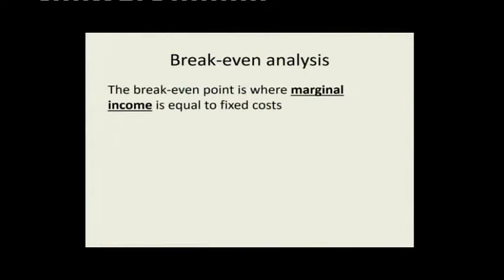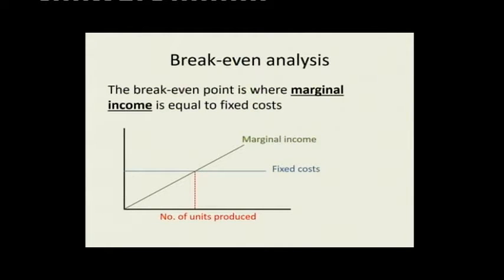Now, what is break even then? Let's look at the slide again. Break even is the point where marginal income is equal to fixed costs. Now, I underline the word marginal income, and we'll explain that in a minute. So, if that is my fixed cost, let's say the blue line, that's my rent. I pay rent irrespective of whether I produce 1 unit or 5 units or 5,000 units. Can you see the green part?